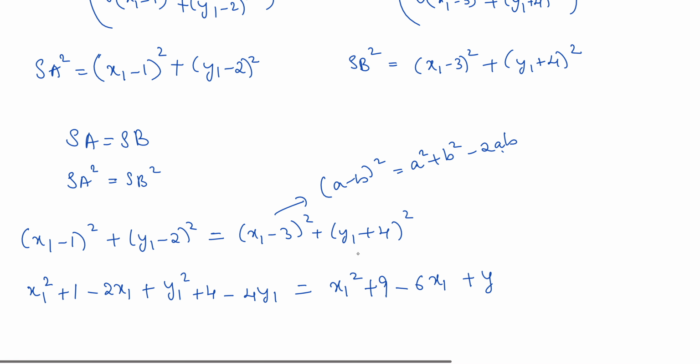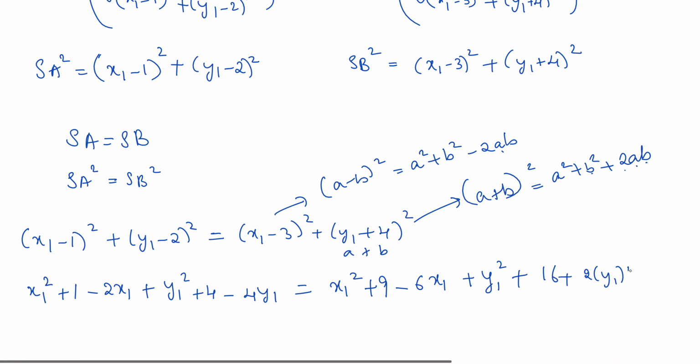Here let's do (a plus b) whole square, which is a square plus b square plus 2ab. So y1 square plus 16, b square is 4 square, 16, plus 2 into y1 into 4, which is 8y1.